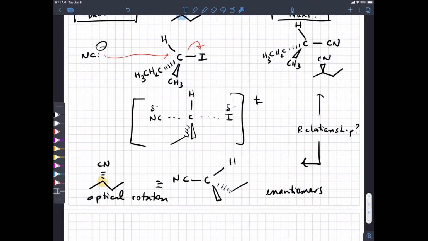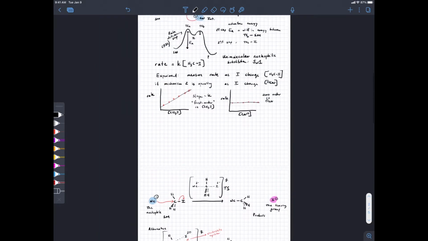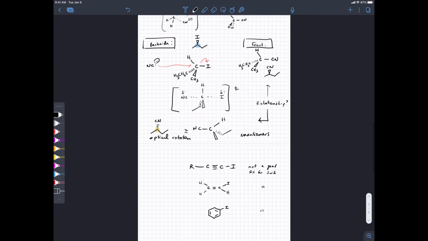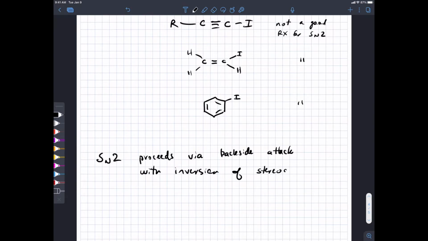Okay, so the answer is when you do these experiments, and the mechanism is concerted, SN2, the evidence is, to summarize, that SN2 proceeds via backside attack of the nucleophile, opposite to where the leaving group is, and it proceeds with inversion of stereochemical configuration.